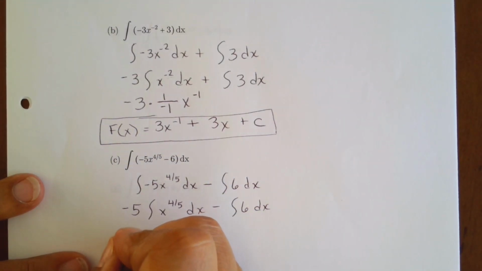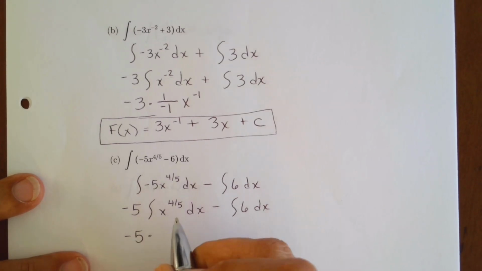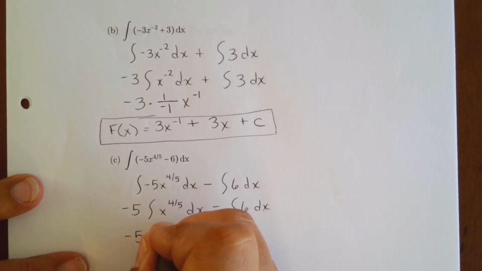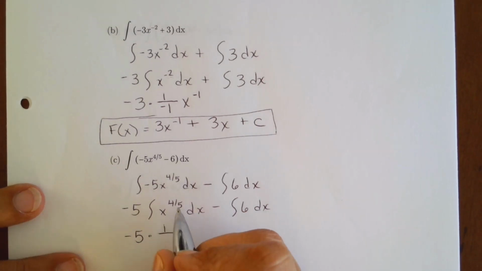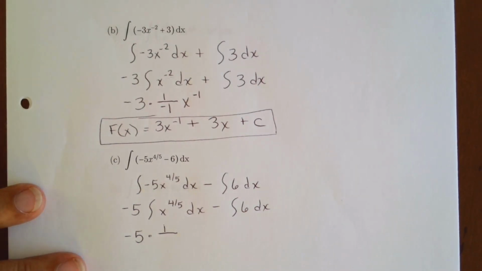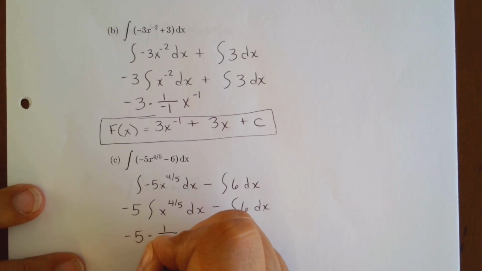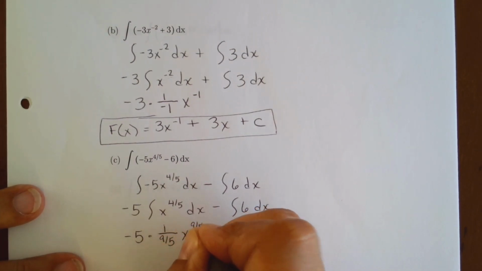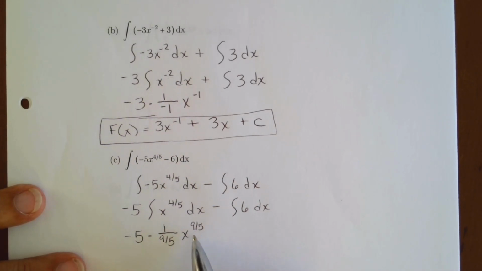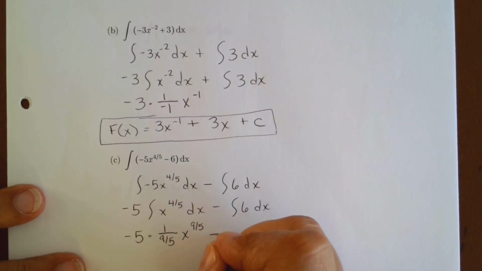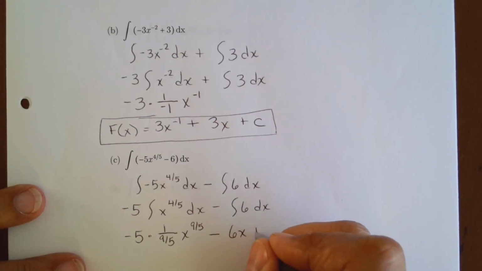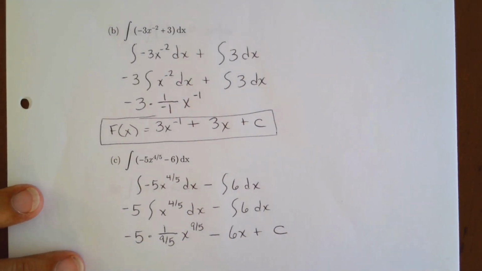So we got the negative 5 times 1 over, and we're going to add 1 to this. 1 over, what is 4/5 plus 1? 4/5 plus 1 is 9/5. Okay, and then x to the 9/5. You don't have to think about that. Whatever you put here is your new exponent. Okay, and then minus, that's a constant, so its antiderivative is 6x. And then we have plus c.